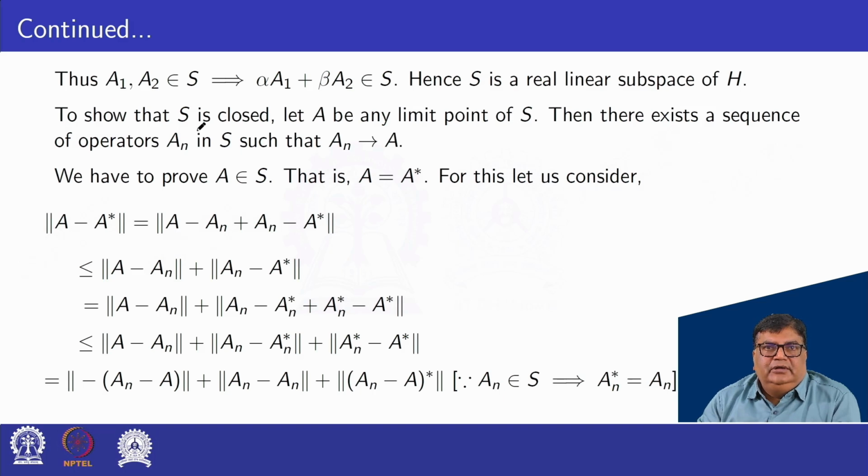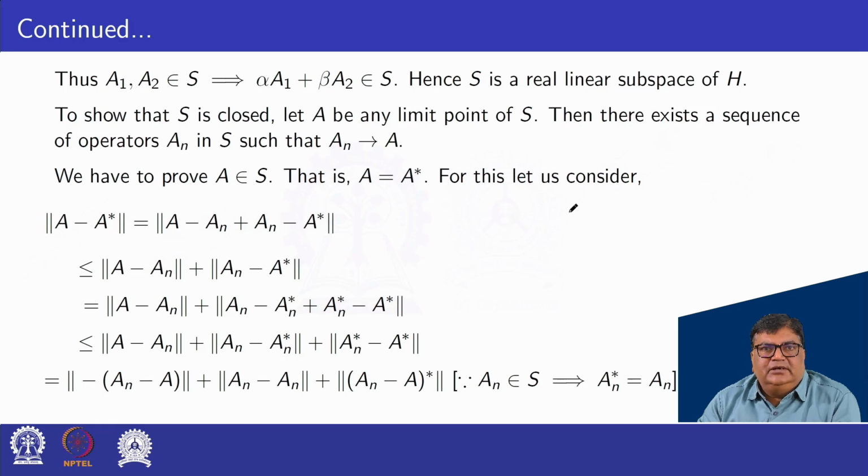Now, show that S is closed. To show that S is closed, let A be any limit point of S. Then there exists a sequence of operators An in S such that An converges to A as n tends to infinity. We have to prove A belonging to S, that is, A is equal to A star.